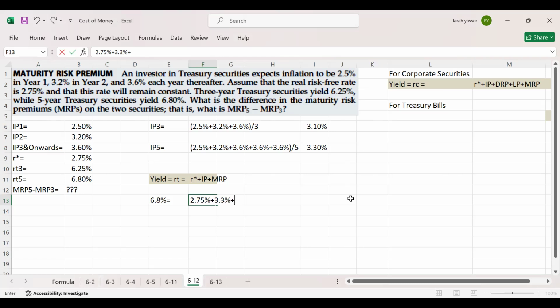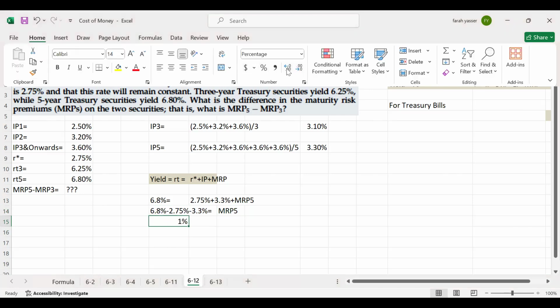Then we add MRP for 5 years. It is not given. So moving this 2.75% and 3.3% to the other side, 6.8% minus 2.75% minus 3.3%, on the other side we will get the maturity risk premium of 5 years. By calculating all these amounts, we get the maturity risk premium. How much?